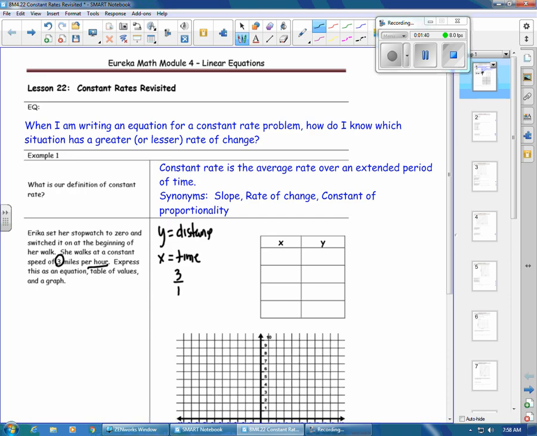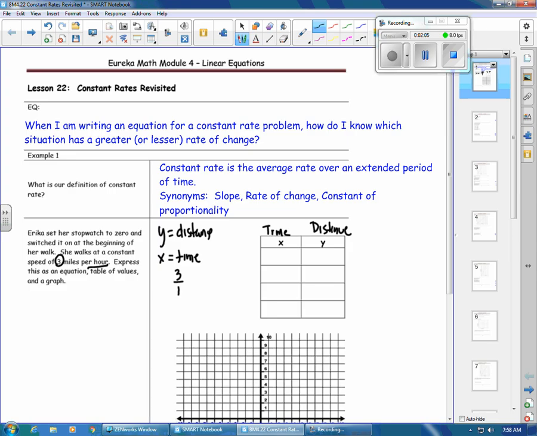In our table, it says express this as an equation, a table of values, and a graph. So remember earlier this week when we did our matching activity? Equations, tables, and graphs, same information, different way of looking at it. So here's our time, this is our distance.